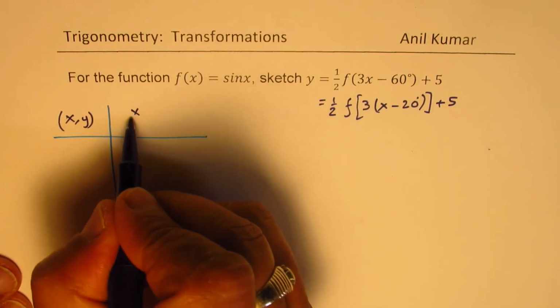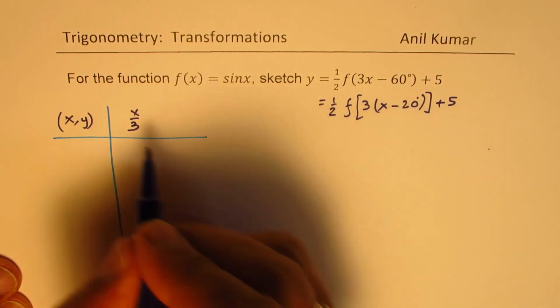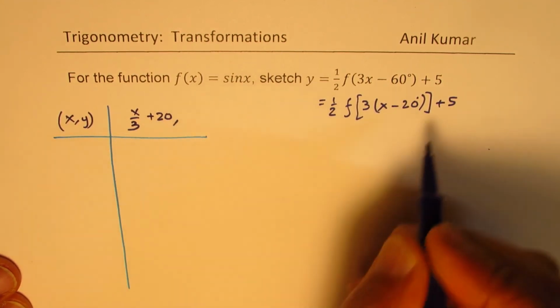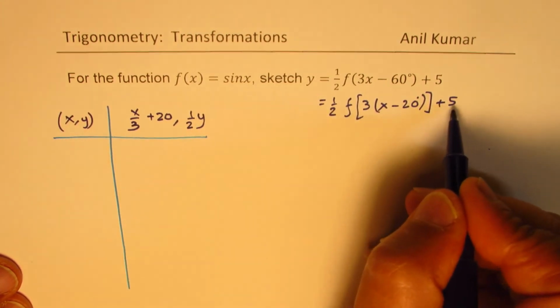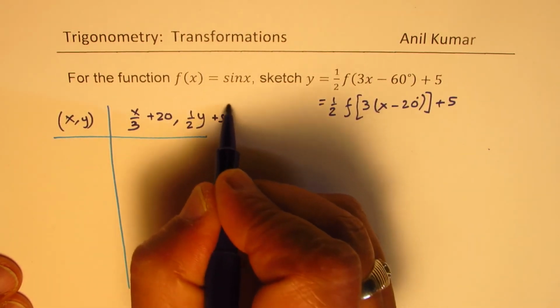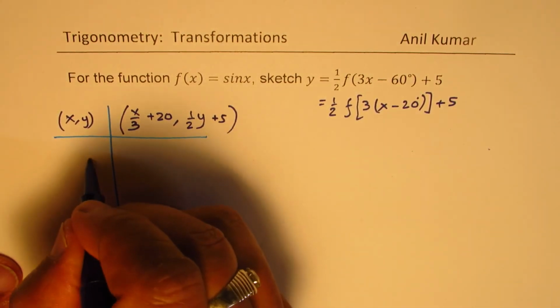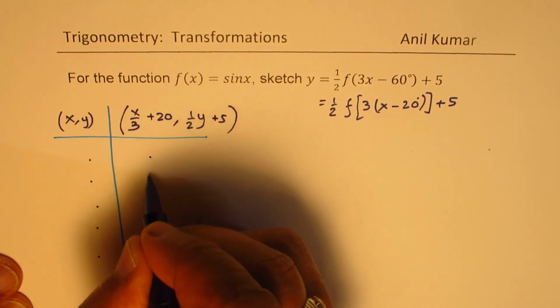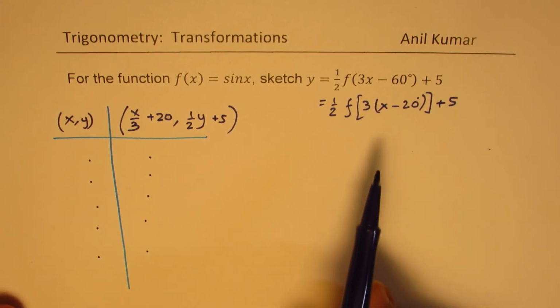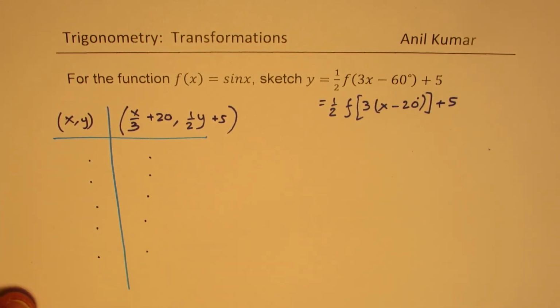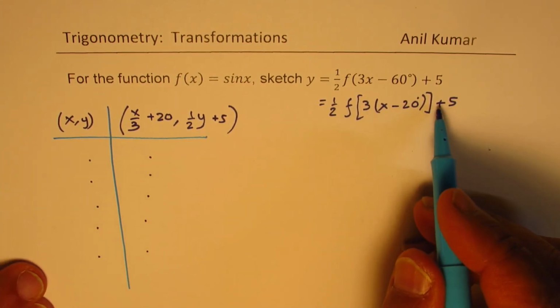So the x values will get divided by 3 and then you have to add 20, right? As far as the y values are concerned, they get divided by half and you have to add 5, correct? So those are your values. I would like you to fill this up, correct? And sketch the graph. Also write domain and range. So treat this as your test question, right?